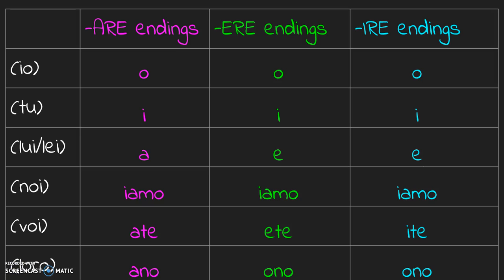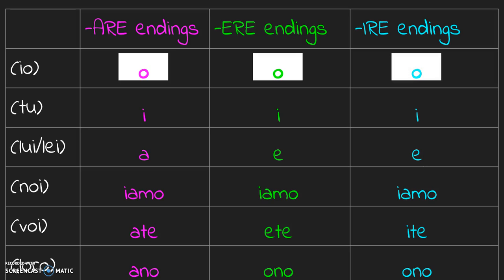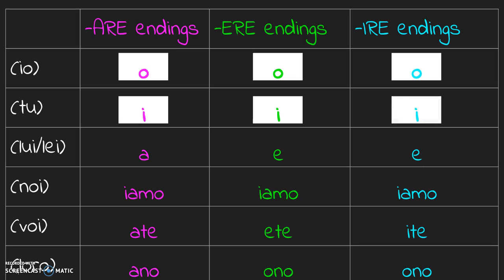So in this table we can see that there are lots of similarities between the groups. When you are talking about yourself using io, the verb will always end in -o. When you are talking to someone, tu, the verb will always end in -i.